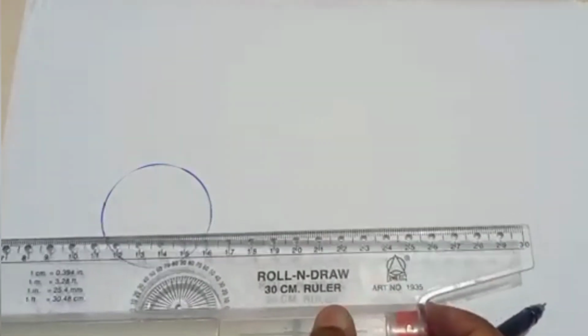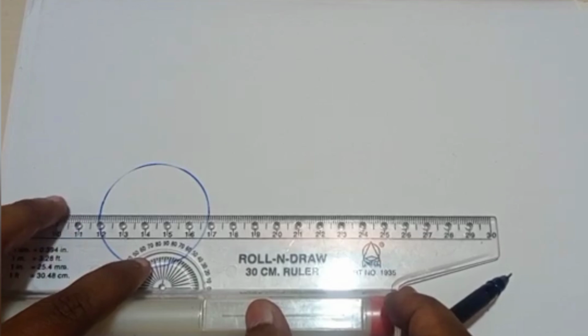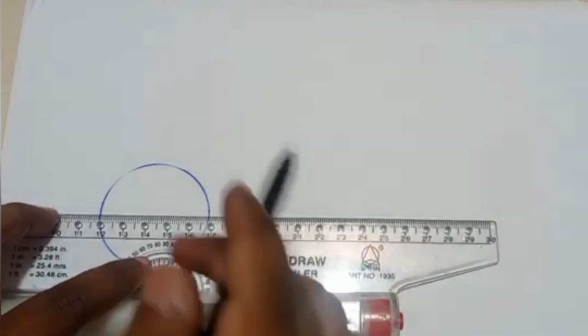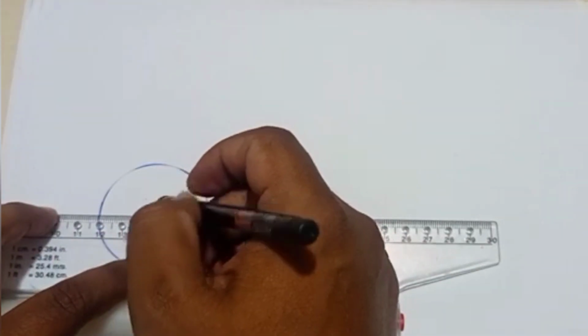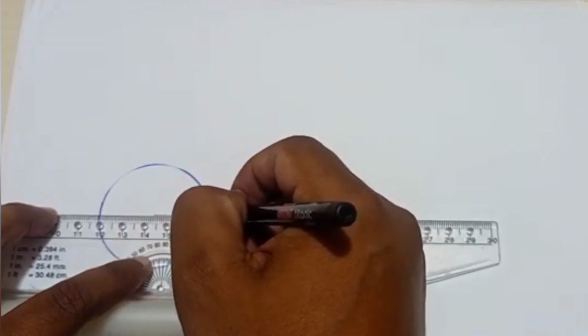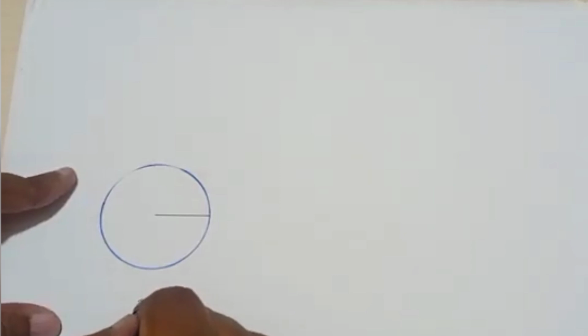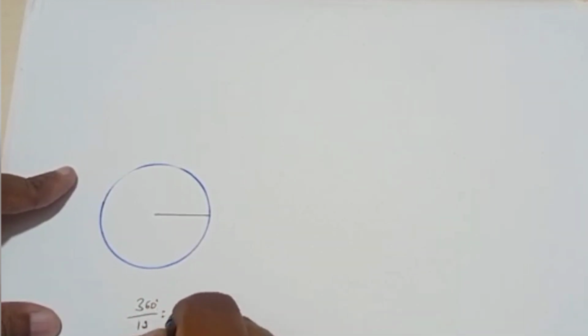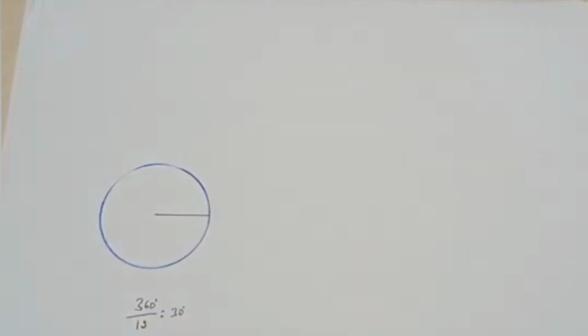Now I have to divide this circle into 12 equal parts. We know that if we divide a circle into 12 equal parts, it is 360 divided by 12, that is a 30-degree inclination we have to take.